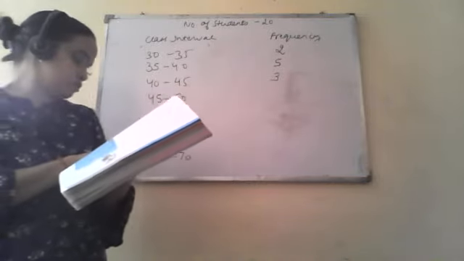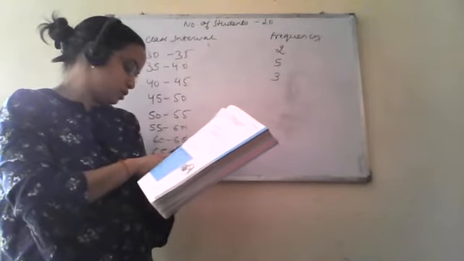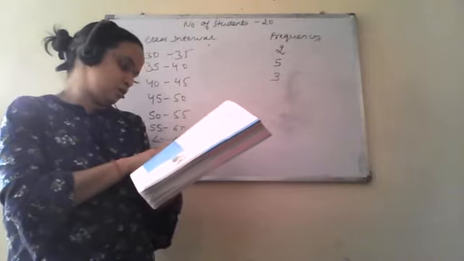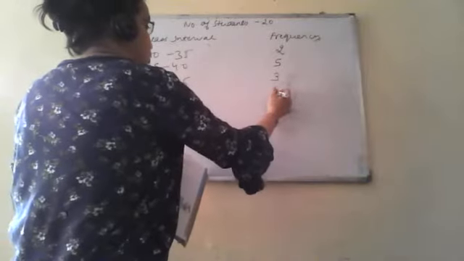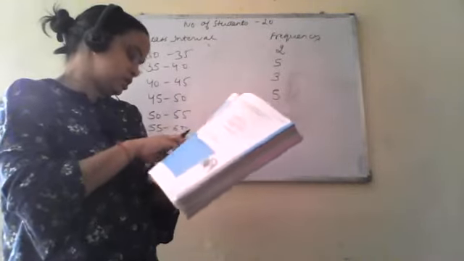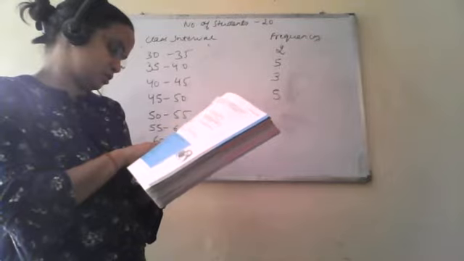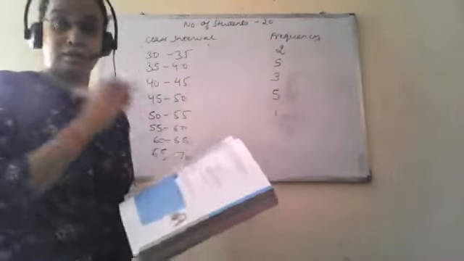So the number of students will be 1, 2, 3, 4 and 5. So we have 5. Now 50 to 55. This is the 53 kg student. Only one student, because 55 we will take in the next interval.